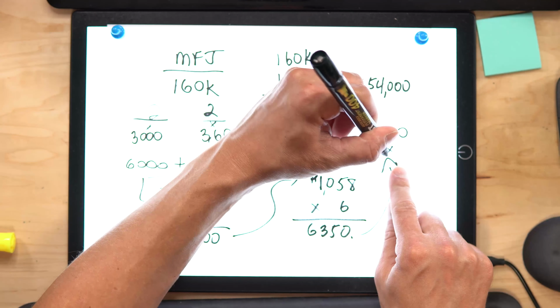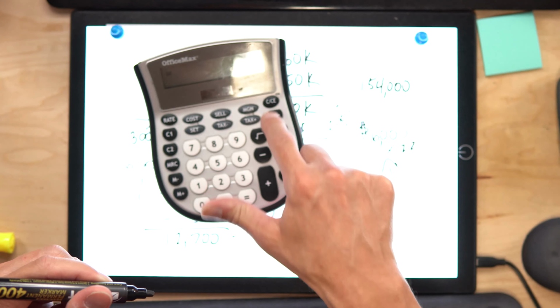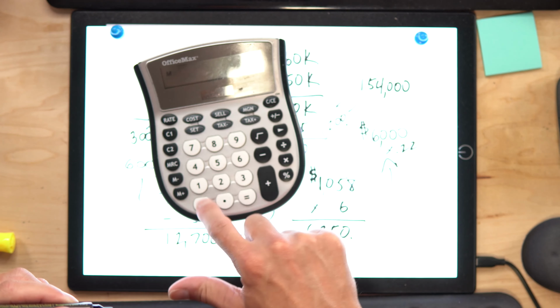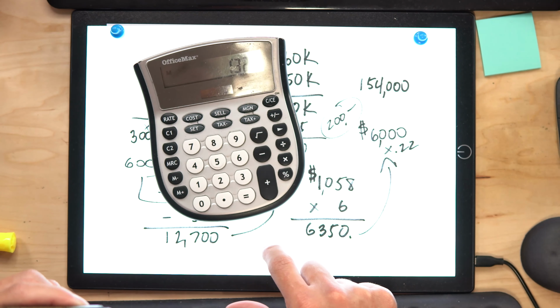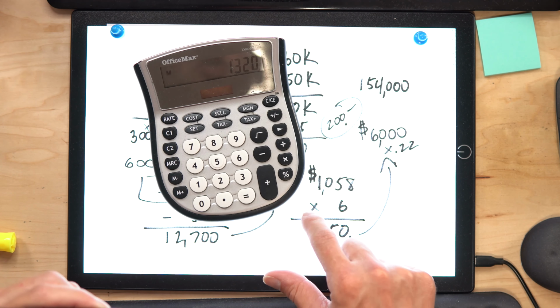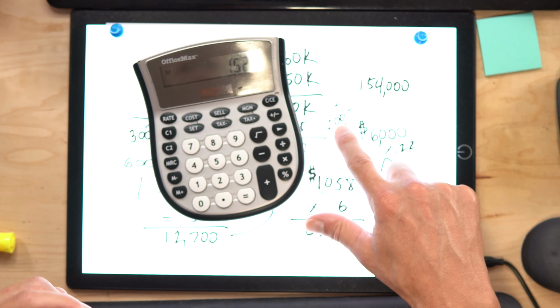We can multiply that 6,000 by 0.22, which is going to be $1,320. $1,320 plus $200 from the child tax credit. So by taking the money up front and putting it into your pre-tax retirement account, that is going to be $1,520 that you have saved.